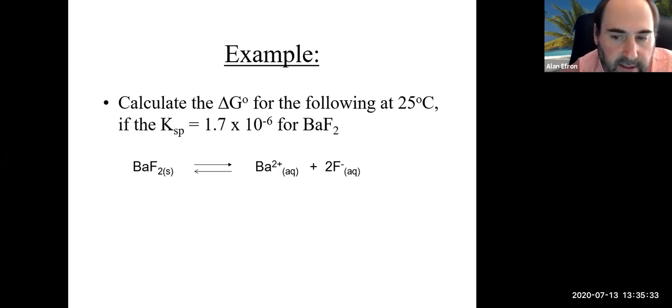We saw a couple of equations that related delta G to non-standard conditions: delta G equals delta G naught plus RT natural log of Q. We also saw that under equilibrium conditions, that formula becomes delta G naught equals minus RT natural log of K. As with a lot of these formulas, the best approach is to use the formula that has the information given to you in the problem.